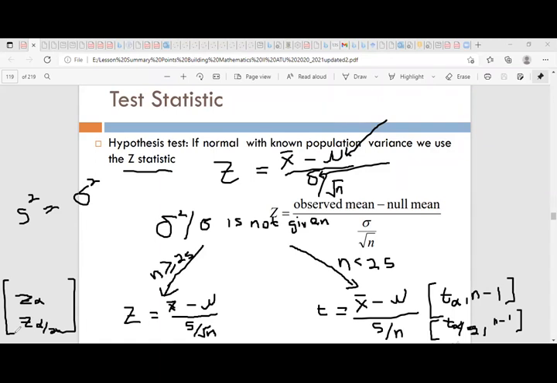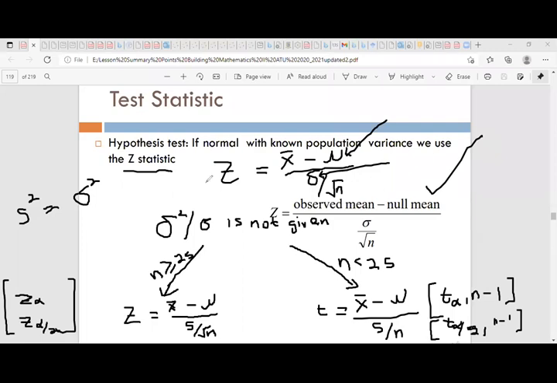So what we are saying is that ideally, this is the test statistic. But because we usually don't know the standard deviation from the manufacturer or from the population, you have to check if your sample size is large or small.